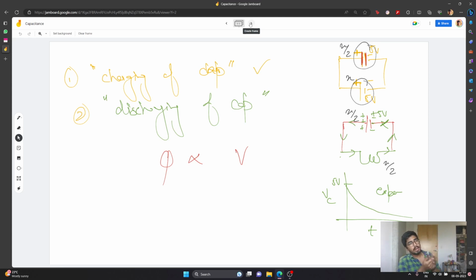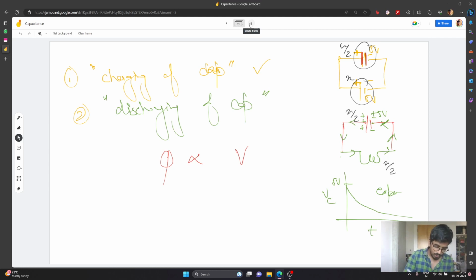So if you put a 2 volt battery, there'll be 2 volts' equivalent amount of charge, something in coulombs, that will be stored. If you put 10 volts, then you can store five times the amount of charge, right? And after a long amount of time, as we saw, the charge slowly builds up from zero to a particular fixed value on the higher side, right?